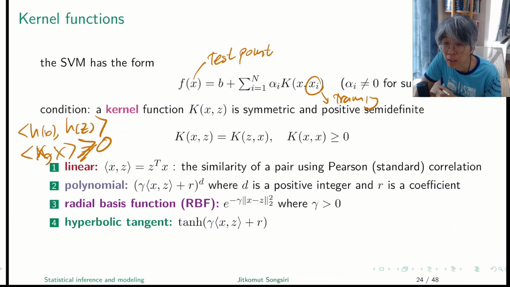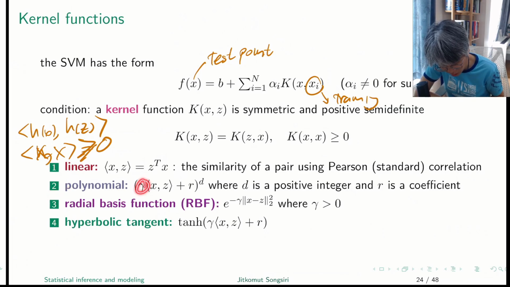There are four common kernel functions in application. The first one is the linear one. If you pick this choice of kernel function, it just goes back to SVC, the linear classifier. The inner product also has a meaning very similar to a correlation value. The second example is the polynomial kernel.